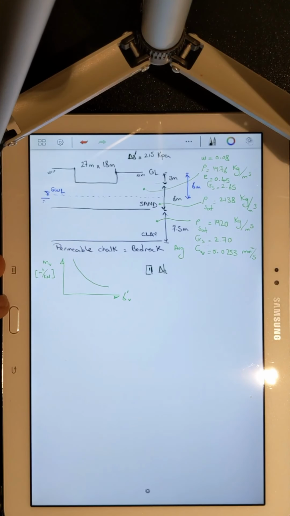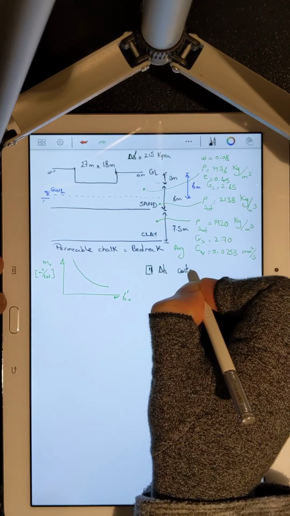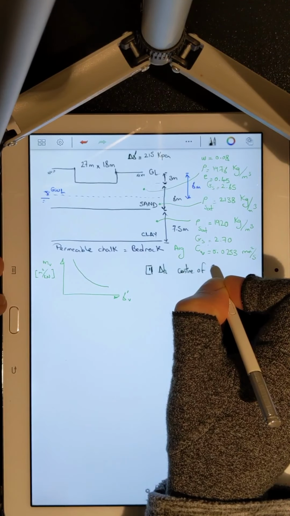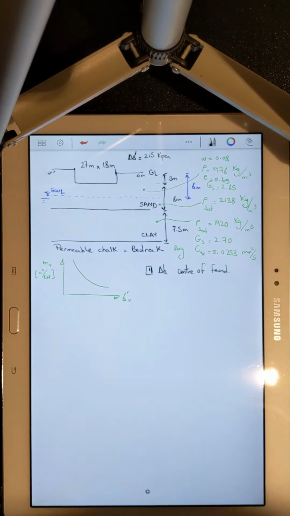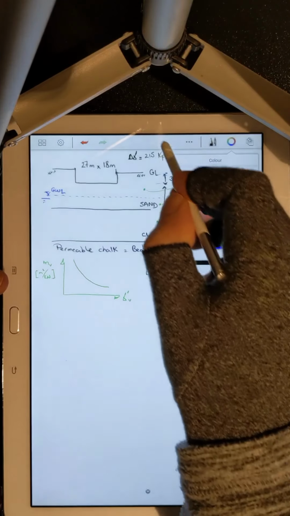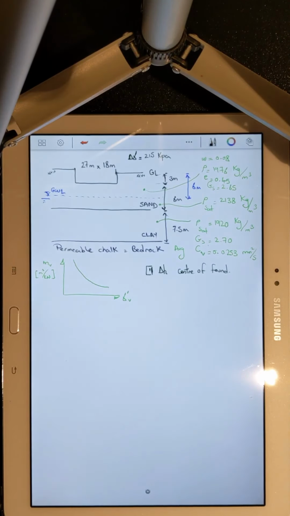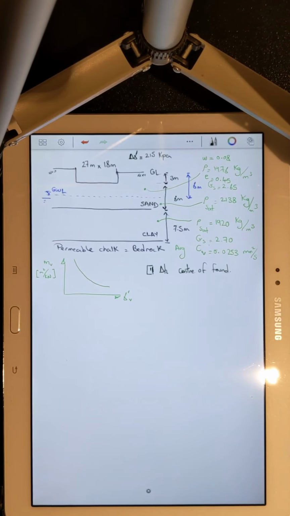Total value of consolidation settlement for the center of our raft foundation. I will look into the second part and third part later on, so let's begin with the solution in red color for part 1, and then we'll move on to all further parts.